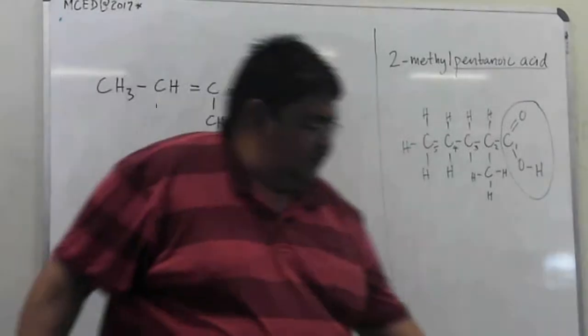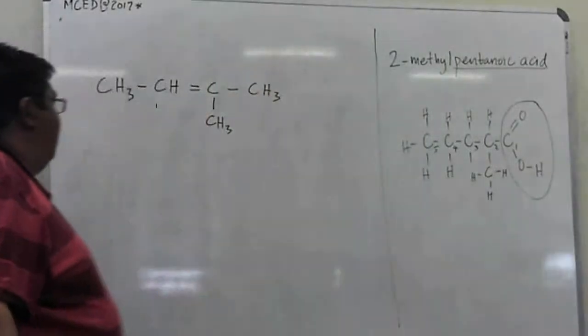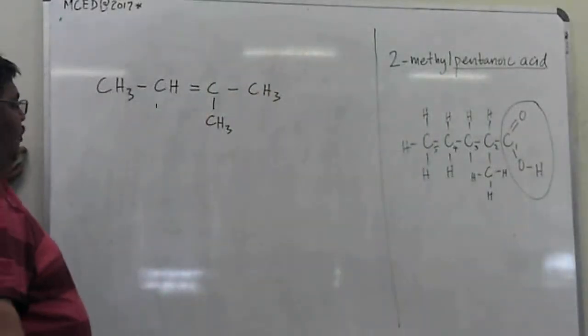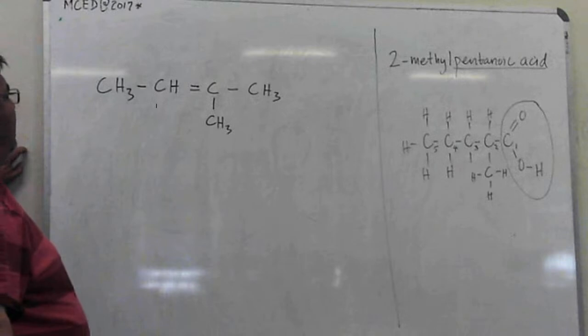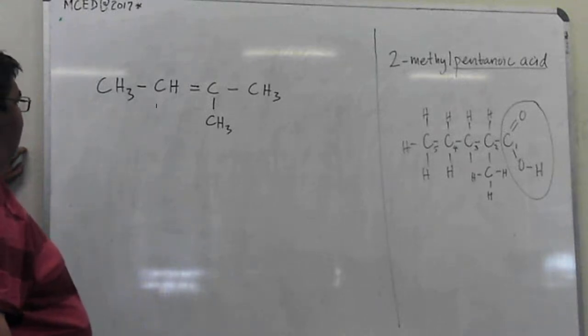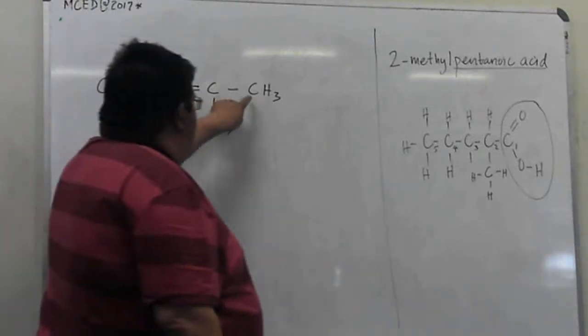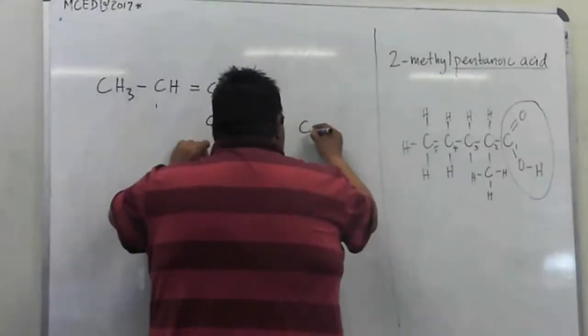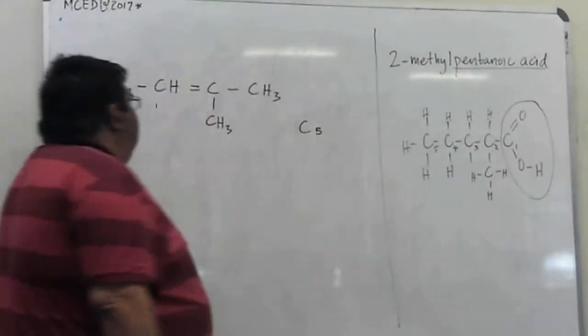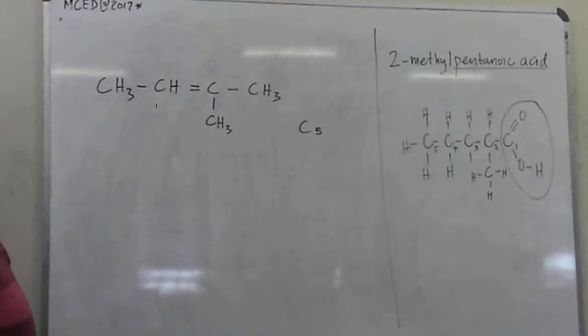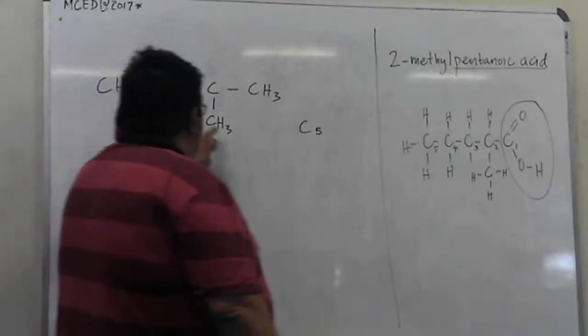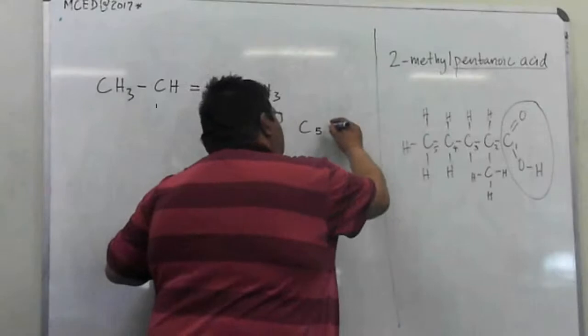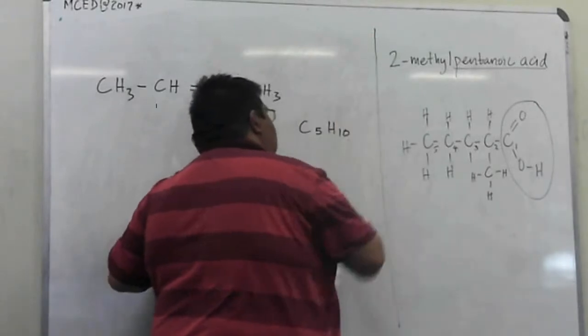Right, so when I look at structural isomers, I immediately start counting. And I count 1, 2, 3, 4, 5. So that is C5. Let's count the H's. 3, 4, 7, 10. H10.